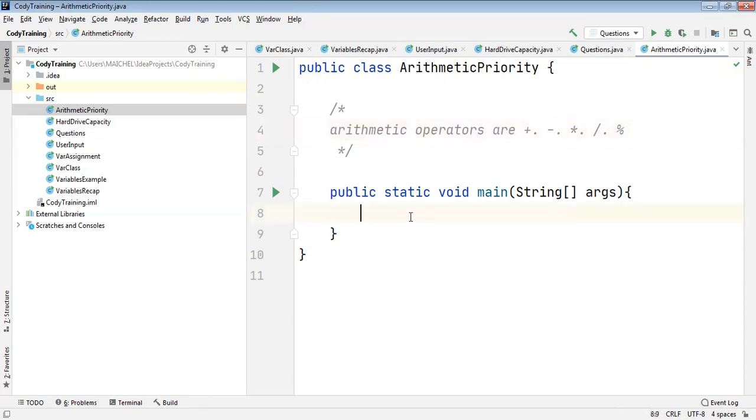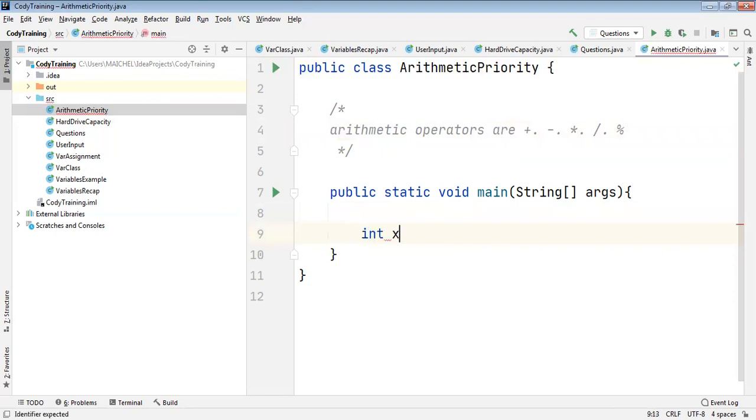Like, for example, what we had before, if we have int x equal 3 plus 2. So here we had only one operator in this statement, which is the plus sign. So when I print the result here, it will print 5.